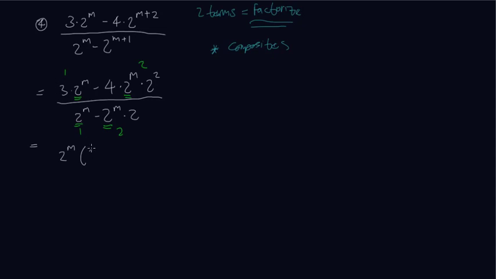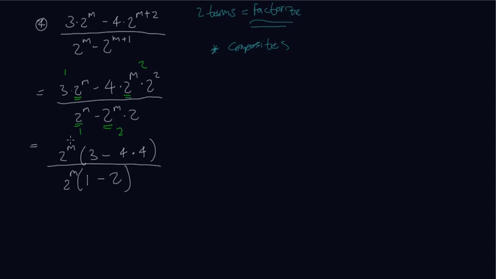So we take out 2 to the m. With term 1, we are left with 3, minus with term 2, we are left with 4. I think it's times 4 because 2 squared is 4, over. As the answer, we take out 2 to the m as the common factor. Then we are left with 1 with term 1 minus with term 2, we are left with 2.